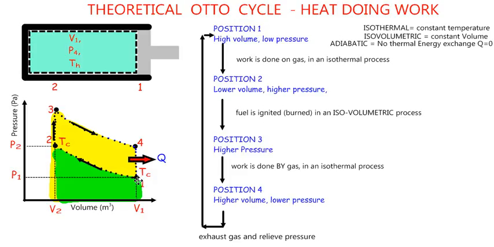Because between 1 and 2, we are inputting energy into the gas, and between 3 and 4, the gas is now returning energy. So this yellow area here, between 1, 2, 3, 4, and back to 1, is the energy that is given out as work.